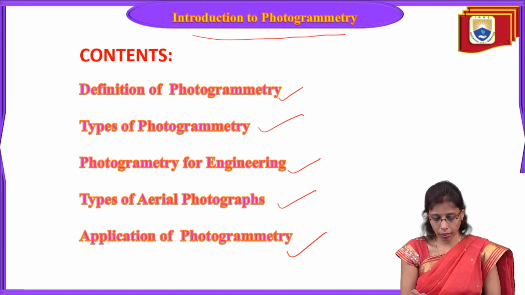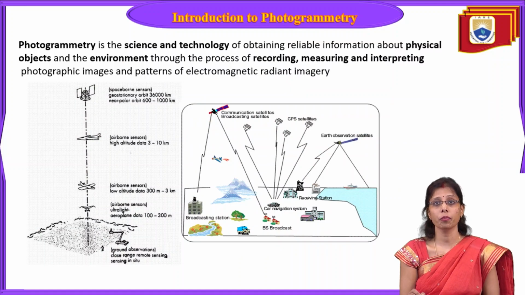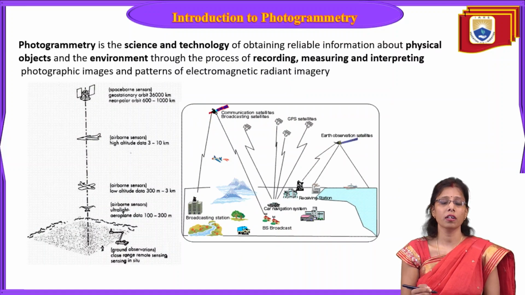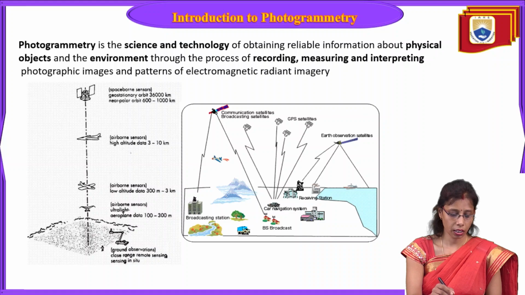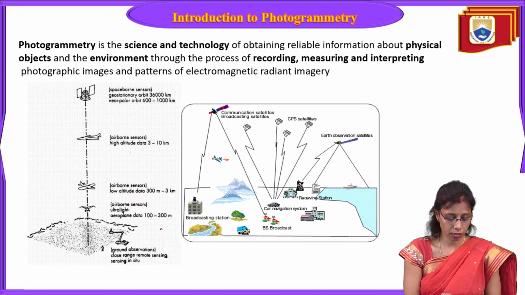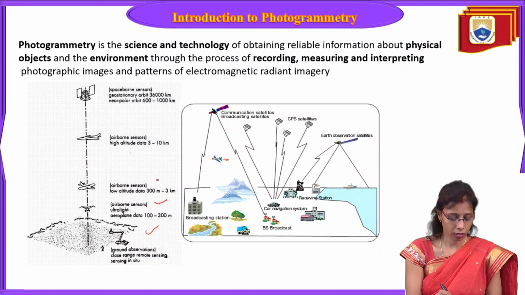Photogrammetry is basically about understanding or learning about aerial photos through different platforms. If we see in this image, we have different platforms. One is the ground platform, the other is airborne, and one more level is also airborne, and another level we have.